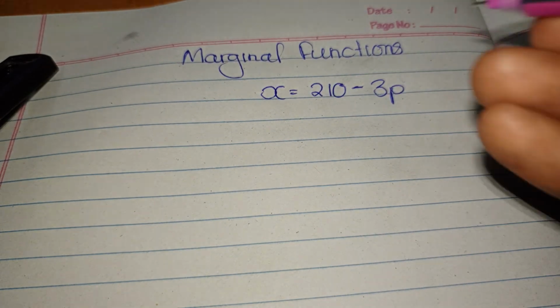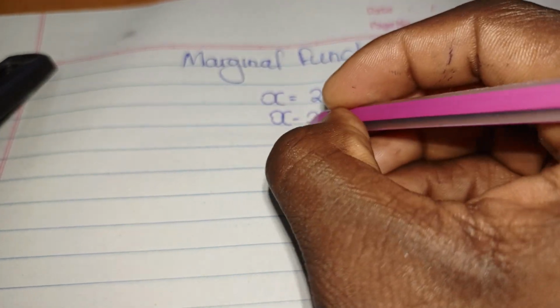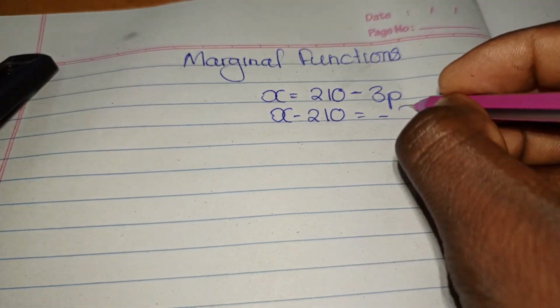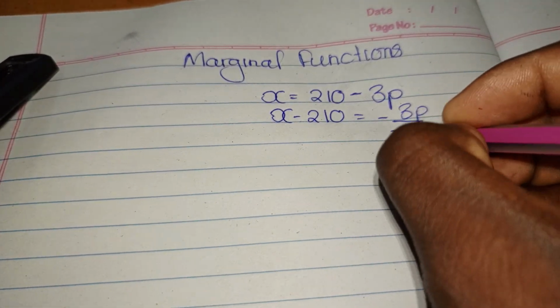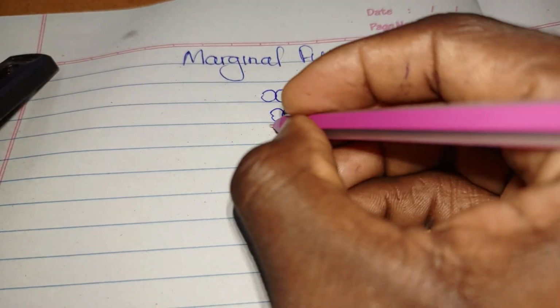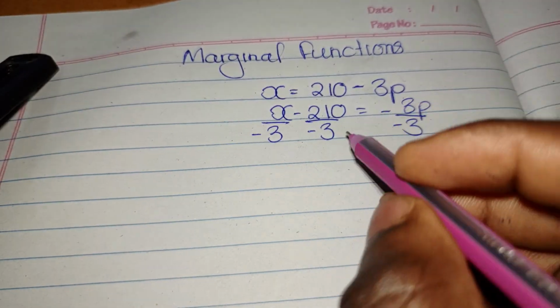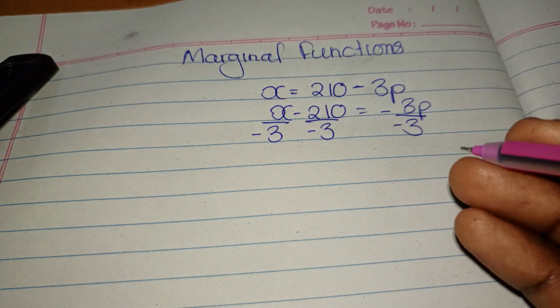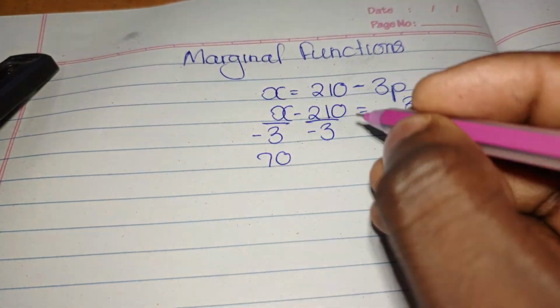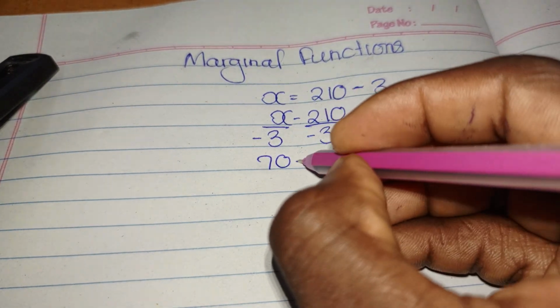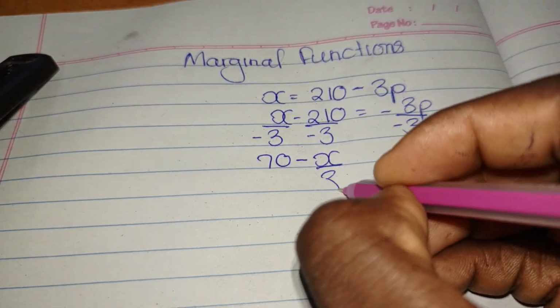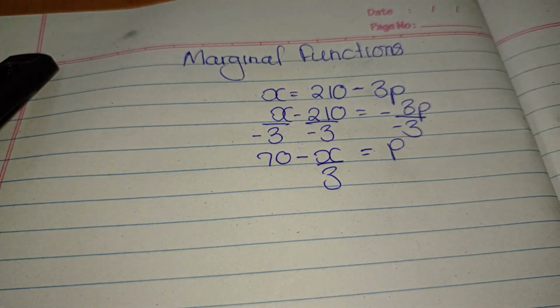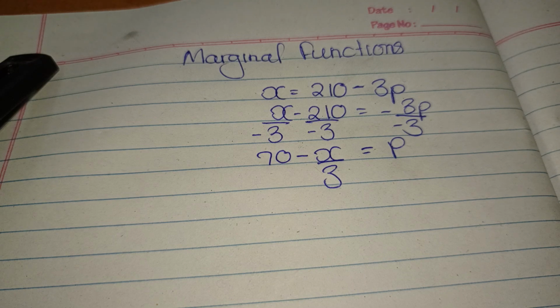You take 210 to the other side, it will become negative. Then you divide both sides by negative 3. Negative 210 over negative 3 is 70. Then we just rearrange this, remembering we don't want to go against the rules of mathematics.